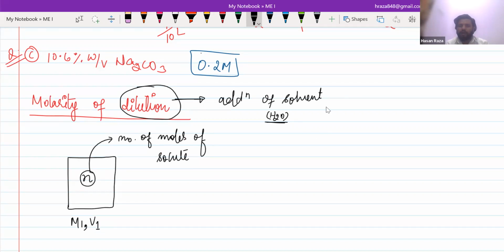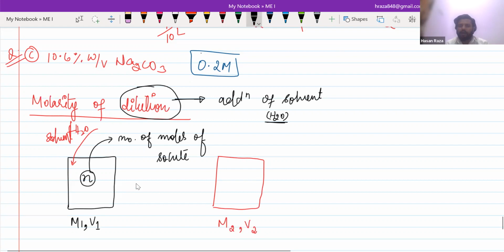Now you are going to add some water or solvent, and since you added water, the molarity changes, and now the molarity becomes M2 and the volume becomes V2. Volume changes, that's why molarity also changes.